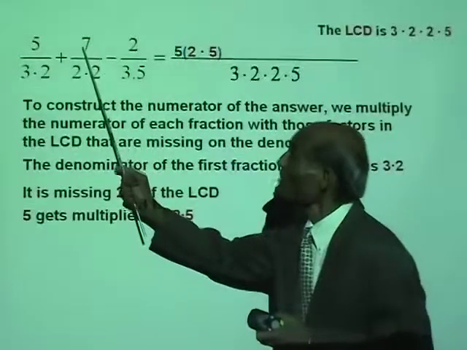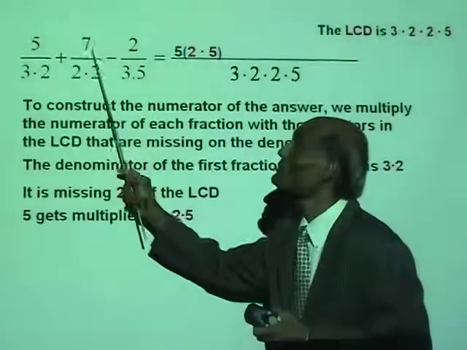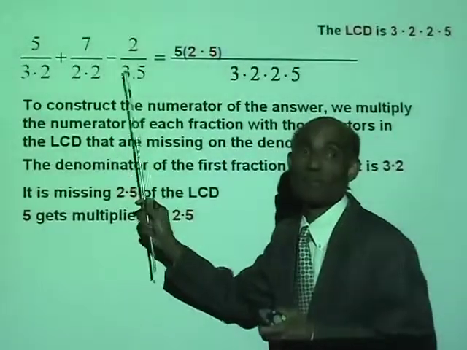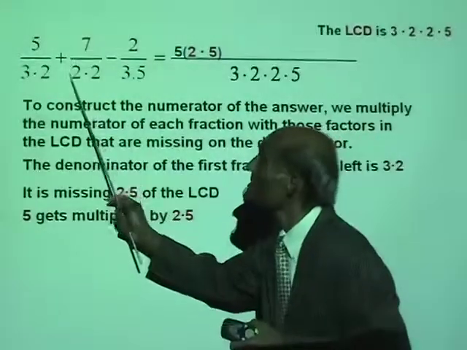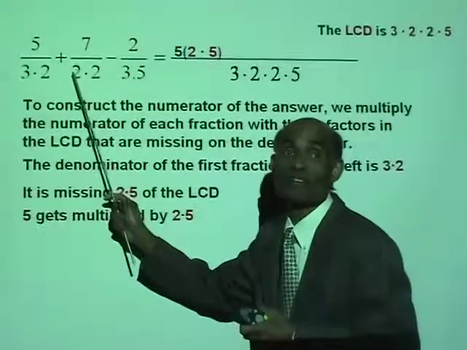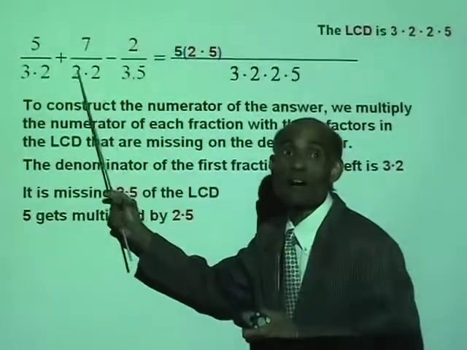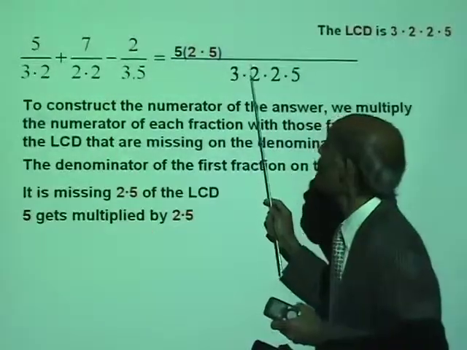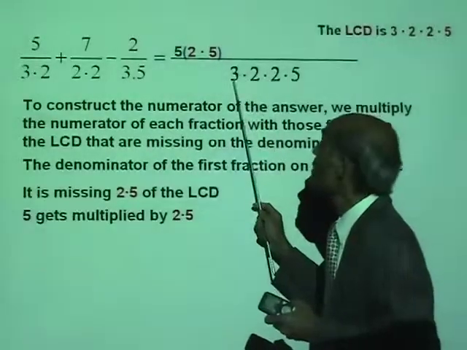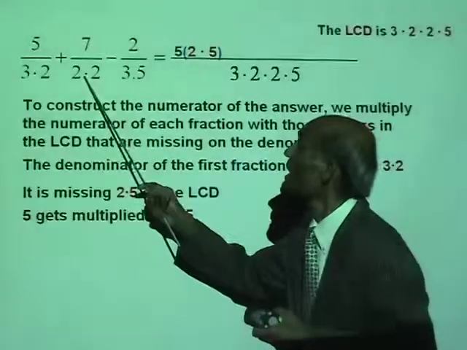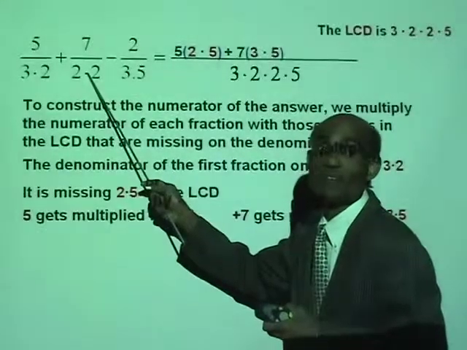And now, what is this 7 going to be multiplied by? What are the factors of the LCD that are missing in this denominator? This denominator is 2 times 2. And in the LCD you have those 2 times 2, but 3 times 5 are absent here.